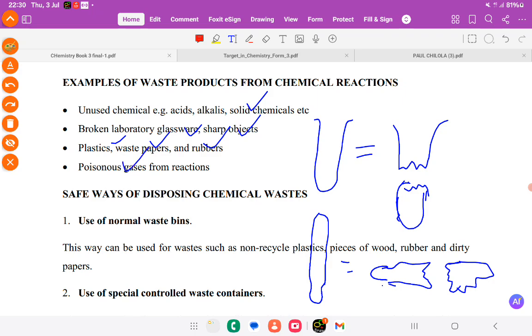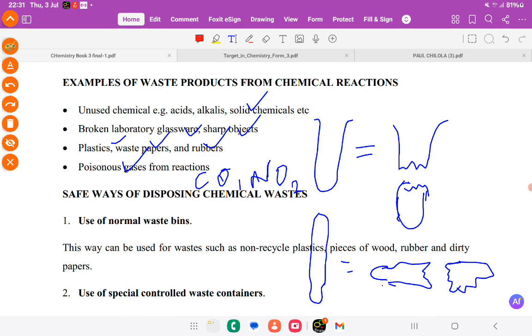Some reactions produce poisonous gases. Examples of poisonous gases include carbon monoxide, for example, oxides of nitrogen, such as nitrogen dioxide, and others. So all these are examples of wastes in the labs.